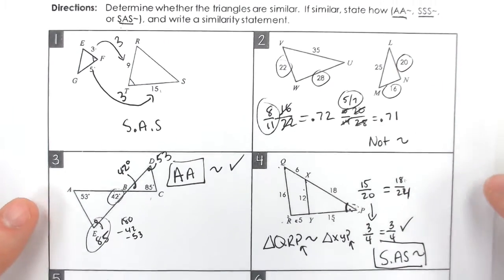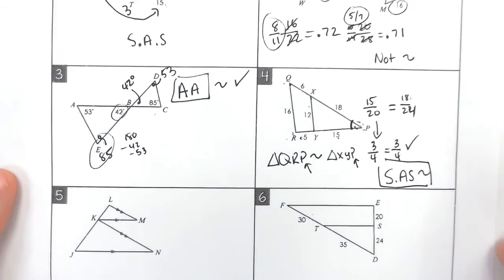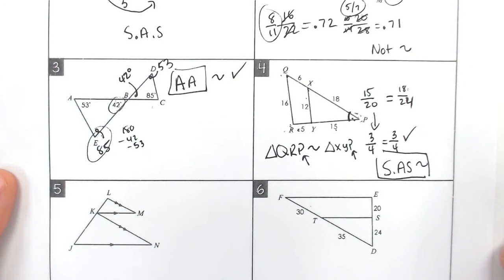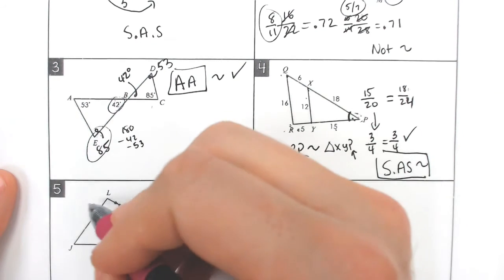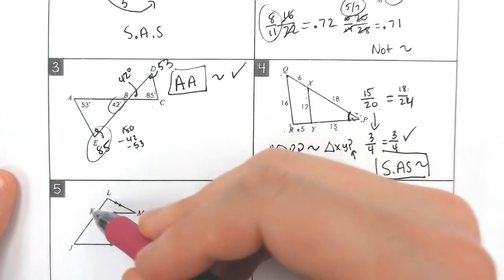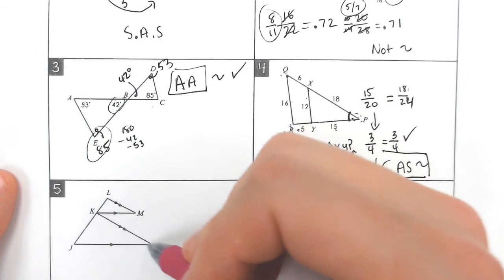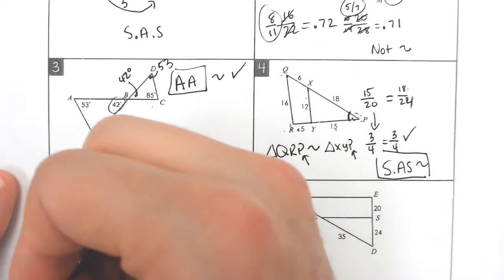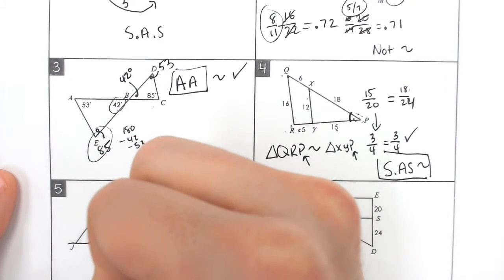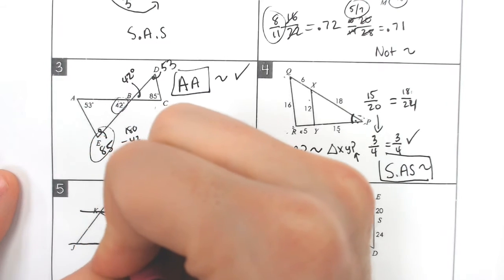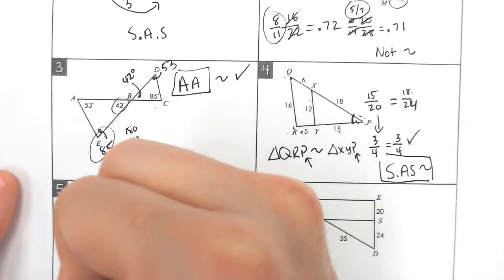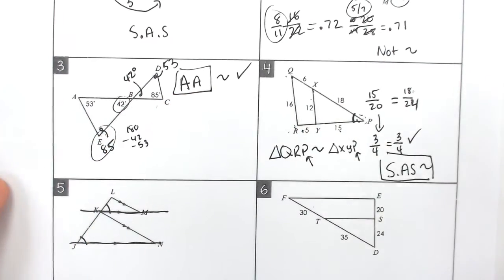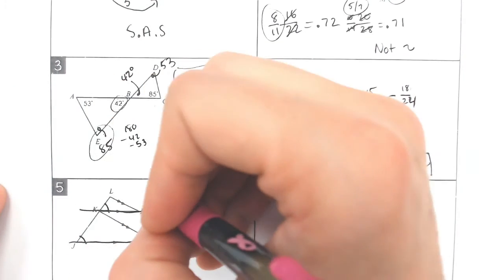All right, so maybe one or two quick ones after this, and then we'll be done for the day. Number 5 is a little weird because they got these parallel lines here. And anytime you have parallel lines, there's going to be some equal angles. If I focus on these two parallel lines here and here, I would know that those two angles that I'm marking right now are congruent because they're corresponding.